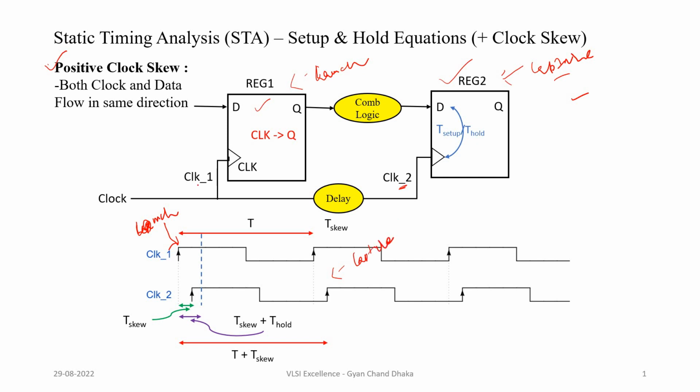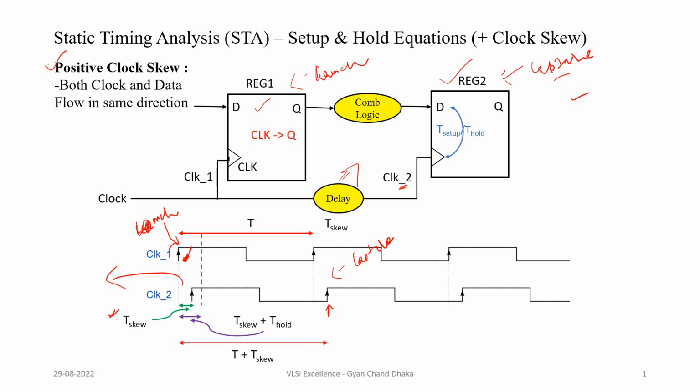Here, if you see, there is a delay between clock 1 and clock 2, which is nothing but T skew, and this is coming because of the delay present between the clock 1 and clock 2 points. Ideally the data is launched at this clock edge, and it will get captured by the next clock edge of clock 2, which is here.